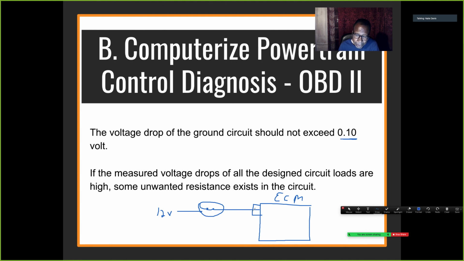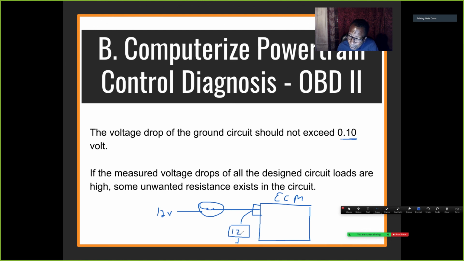If I put a voltmeter on this circuit, and the circuit is not activated, what kind of voltage should I see on that line right there? 12 volts. You're going to see 12 volts, exactly.